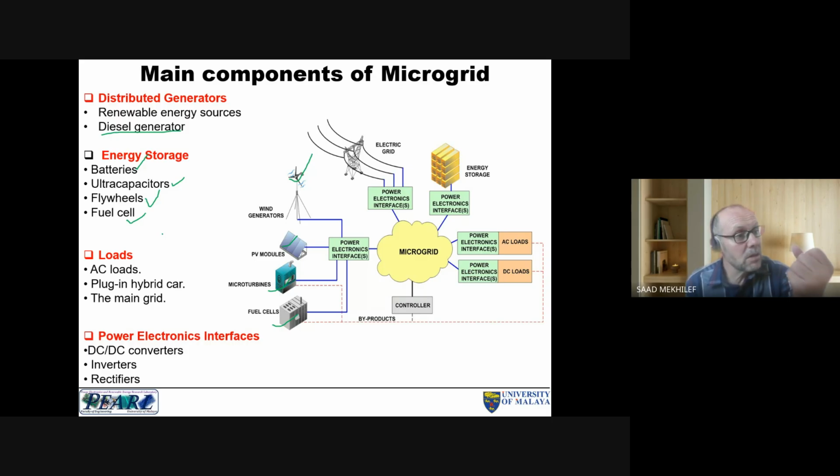Because like I said before, sometimes selling the power to the grid is too cheap. So if you have an electrolyzer, you can generate hydrogen, and later you put the hydrogen into the fuel cell, and then you generate electricity. So you automatically become like a storage, and you can use it whenever you need it.